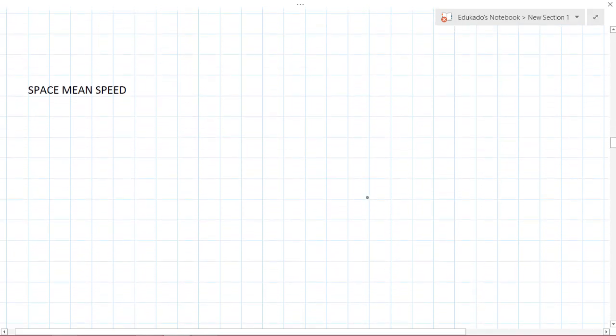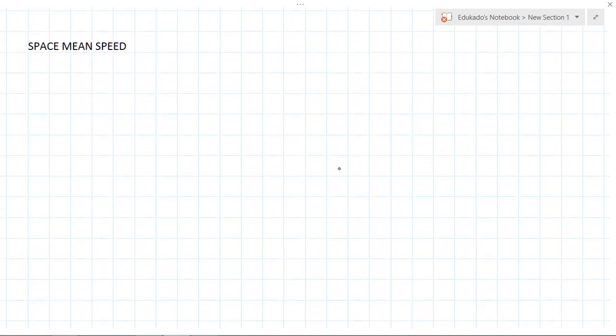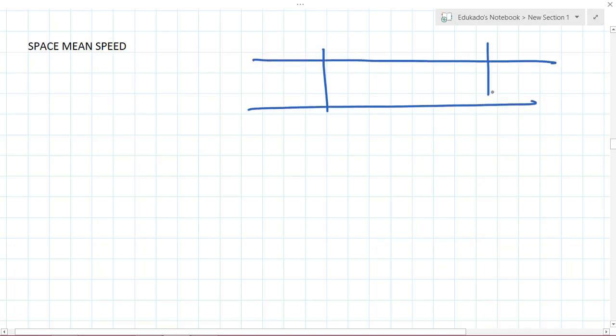Now let's come to the space mean speed. The space mean speed is the average speed of the vehicles in a given section. If this is a road, the vehicles are obviously going in this direction, and this is a section, say 1 kilometer, a unit distance.